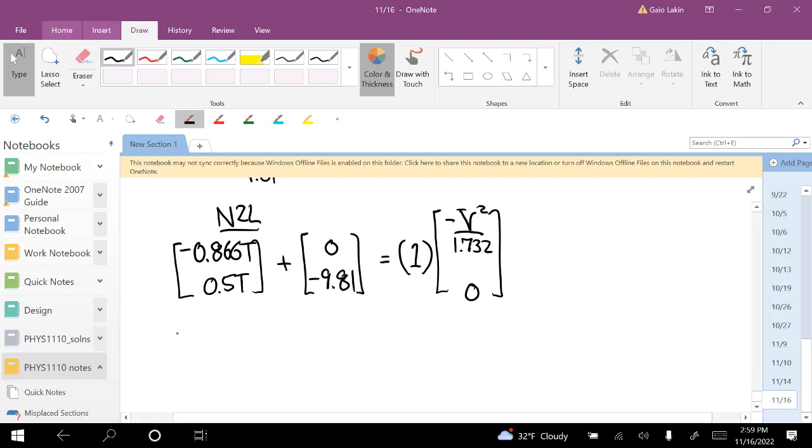So we get two equations. The x equation says negative 0.866 T is equal to negative v squared over 1.732.